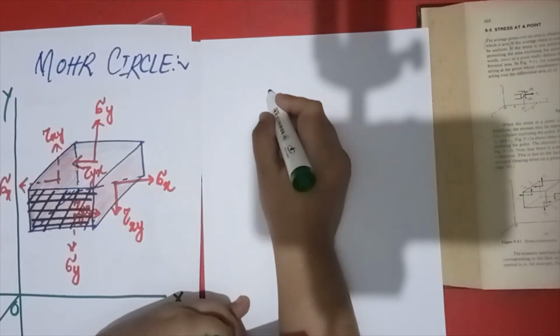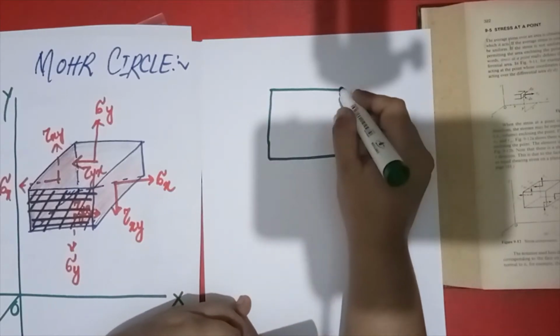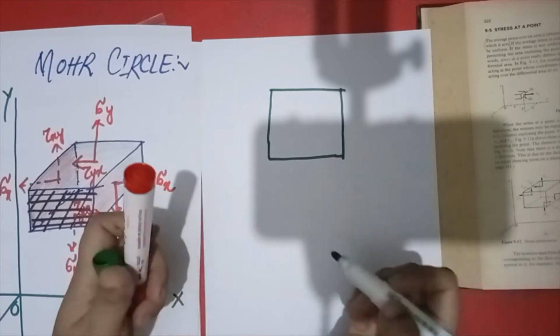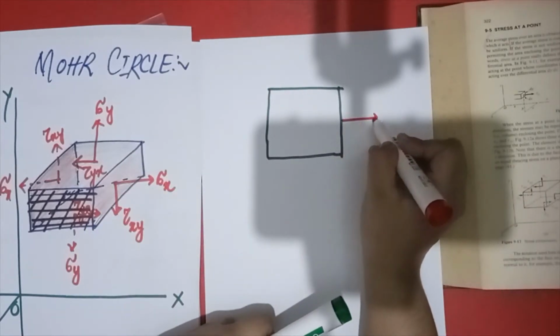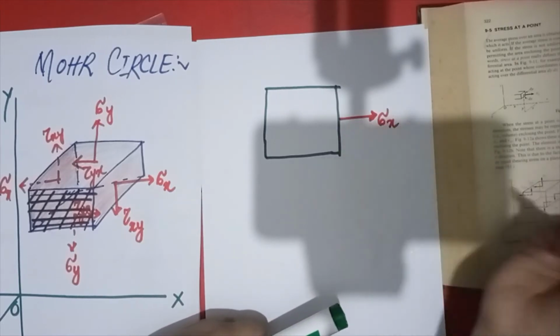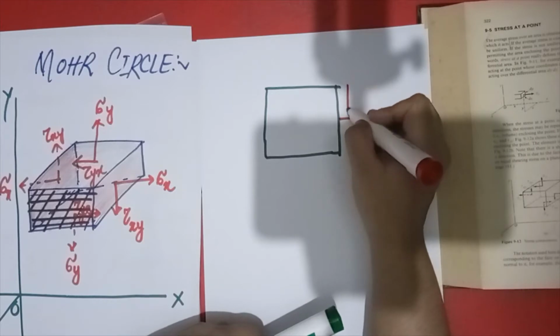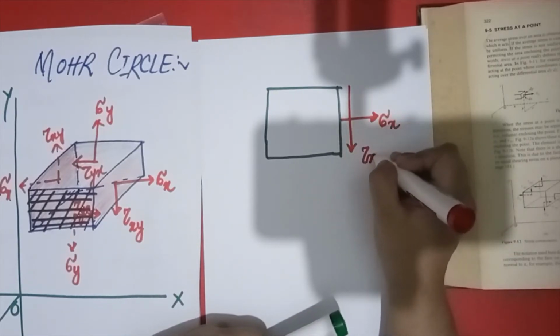This is your front face, and then I will tell you about the shear stress and the normal stress phenomena. So this will be sigma x, the normal stress, if its direction is outward. And this direction is downward, tau xy.